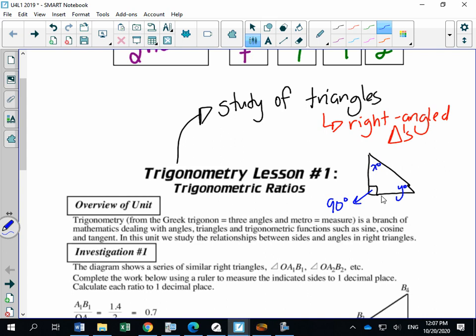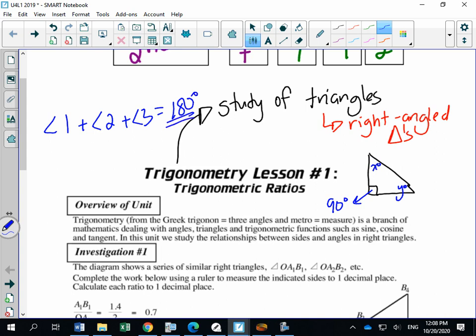Who remembers from Math 9 what the 3 angles of a triangle must add up to? 180. I could write that as angle 1, this is your symbol for angle, plus angle 2 plus angle 3 must equal 180 degrees.